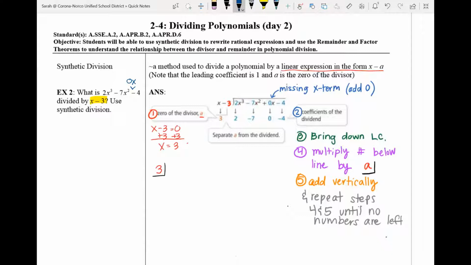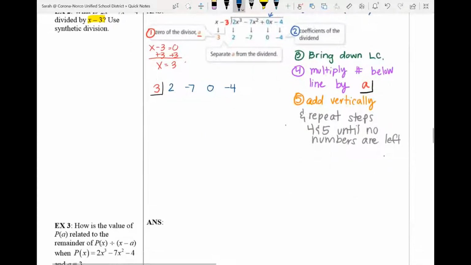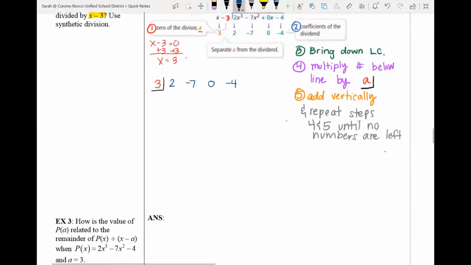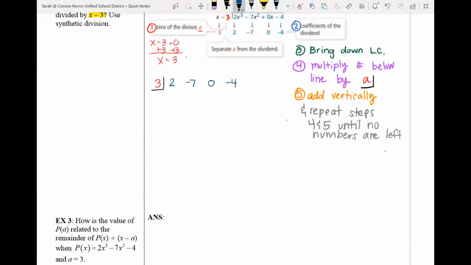And so when we write out our coefficients, we're going to include that 0, because if we don't, we'll end up with an incorrect solution. So we're listing just the coefficients. Starting with the leading, we have a 2, then a -7, and then a 0, and then a -4. So step 2 is listing those coefficients of the dividend like so.